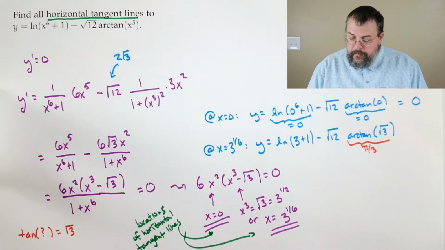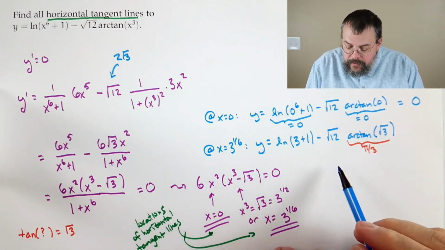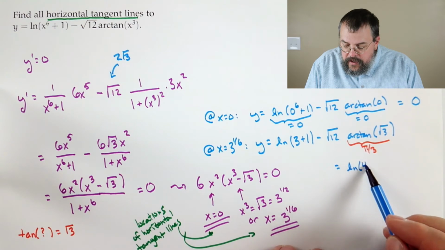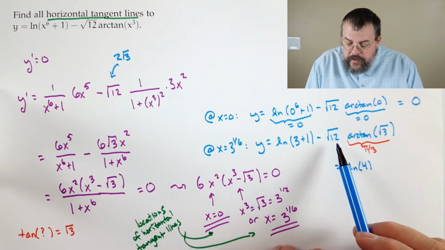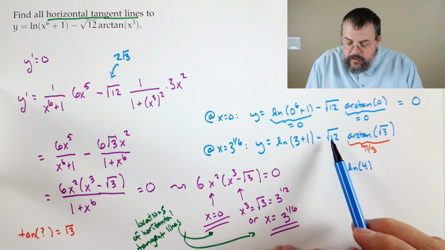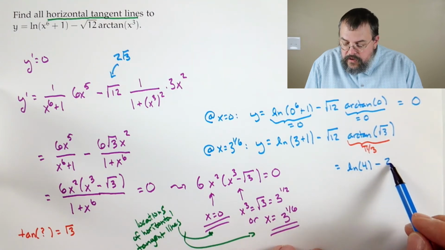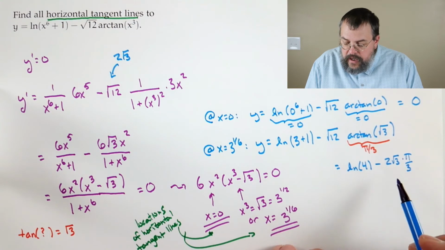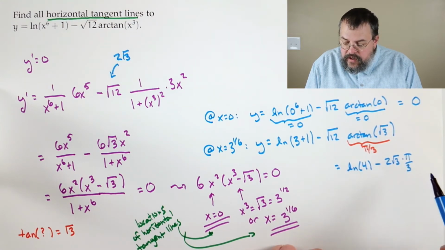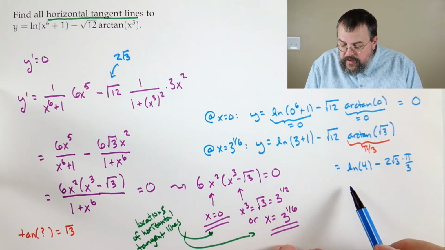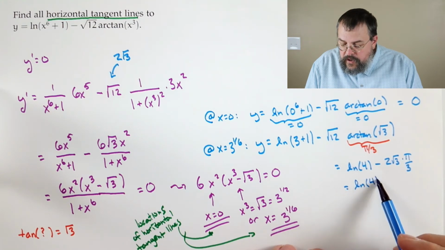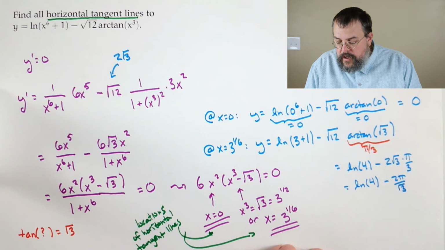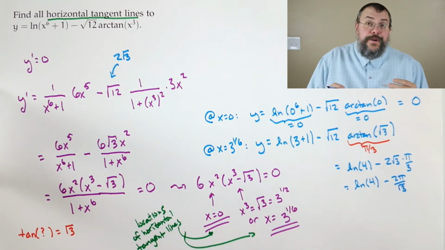Okay, so anyways, what does that leave us with? Well, it leaves us with natural log of 4, and then we can do the same thing we did before, right? Square root of 12 is really 2 times square root of 3, and then times pi over 3. And you can actually combine these together, and you could write this as natural log of 4 minus 2 pi over root 3 if you wanted to, if you were so inclined.